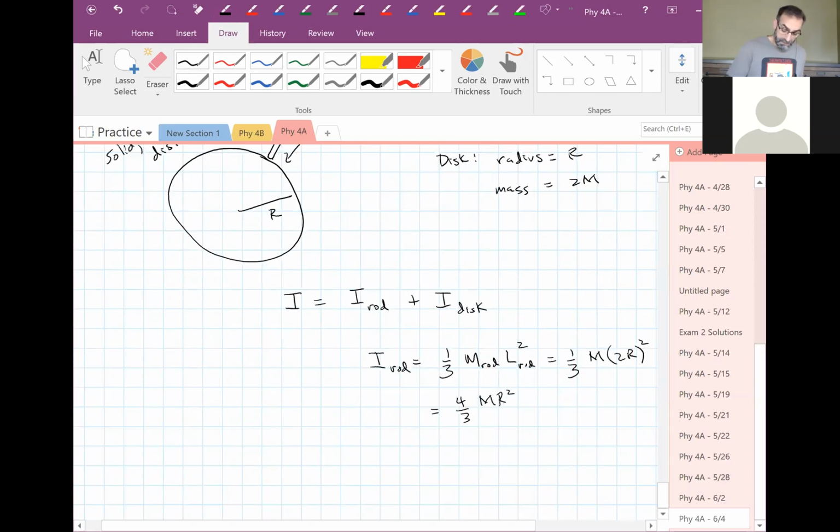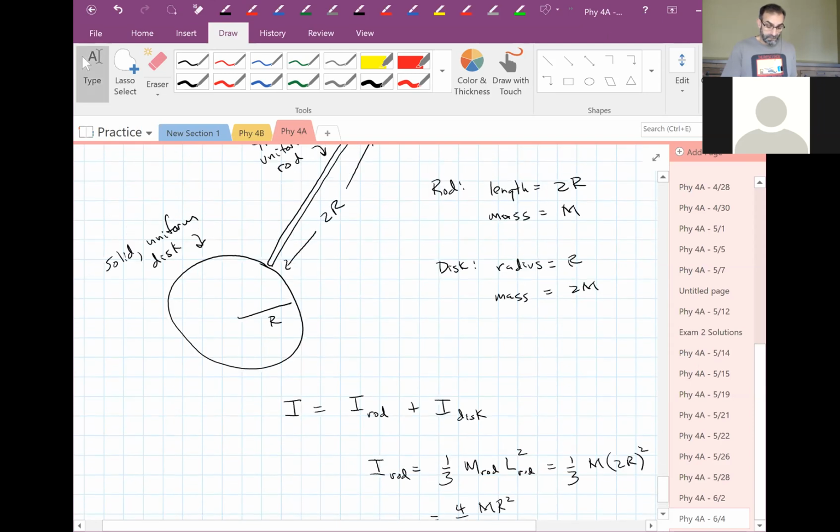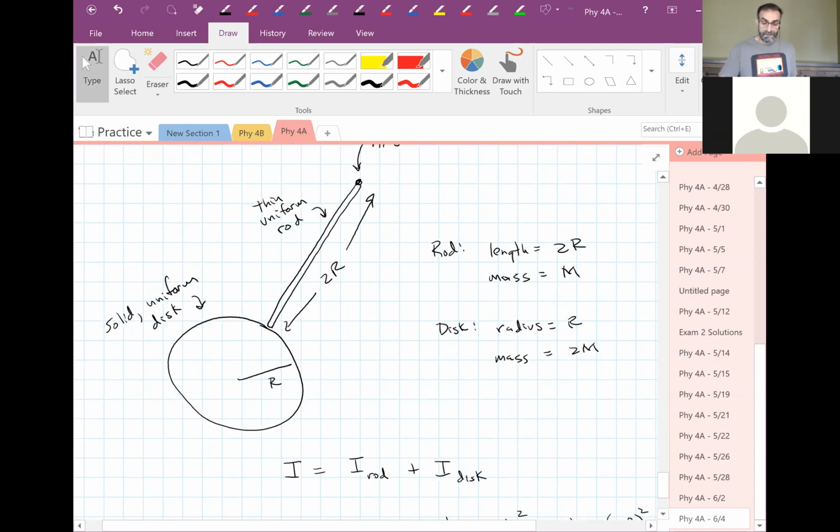Now let's do the disk. What are you going to use for the disk? Parallel axis theorem, right?